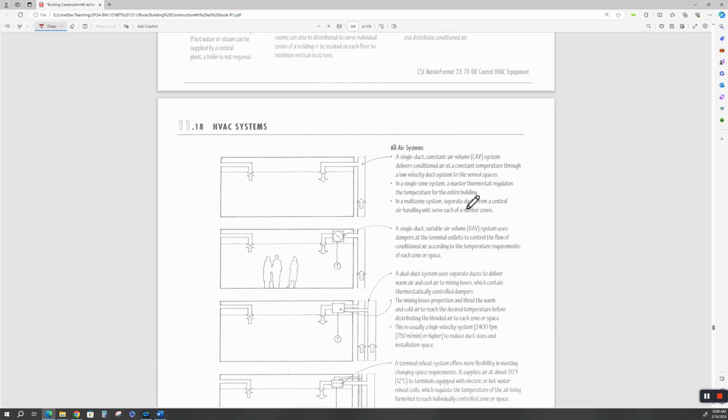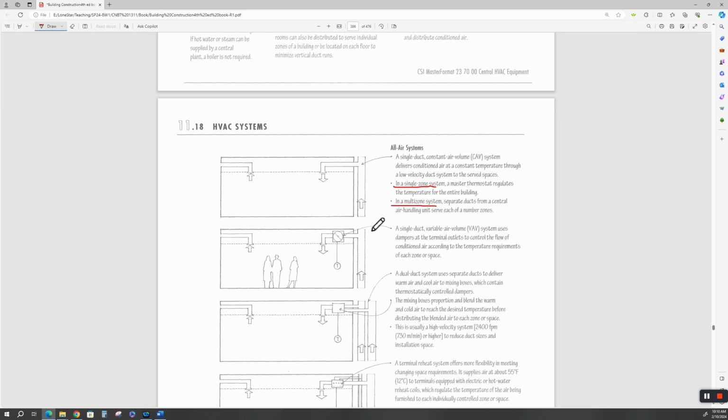All air systems use a single duct. In a single zone system, a master thermostat regulates the temperature for the entire building. In a multi-zone system, separate ducts from central air handling units serve each of a number of zones.